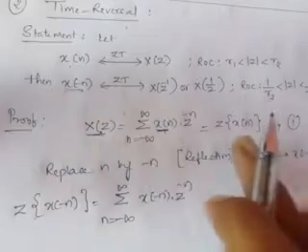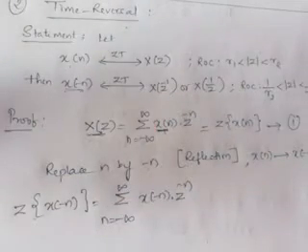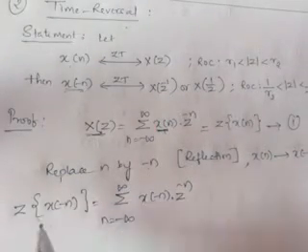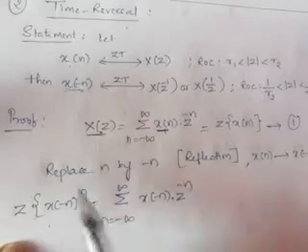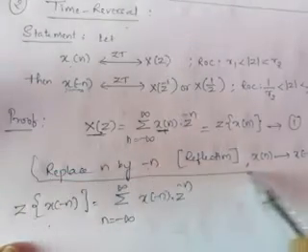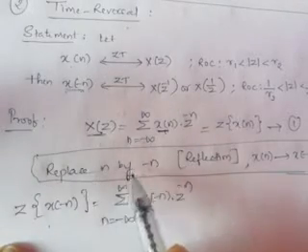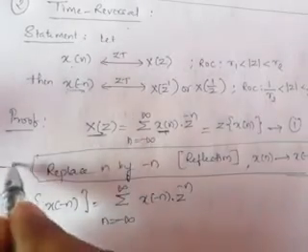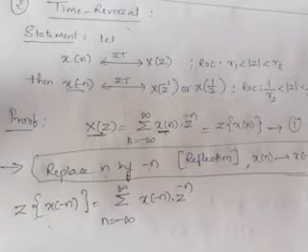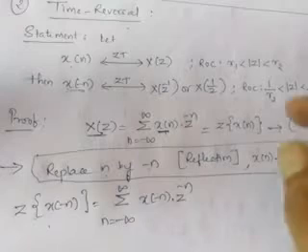With reference to the Z transform of the given sequence x of n, now I am going to calculate. See, now what I am doing here, this is different and this is different. So with the help of this, we are performing the reflection operation for the given sequence x of n. We got the time reversal sequence x of minus n.